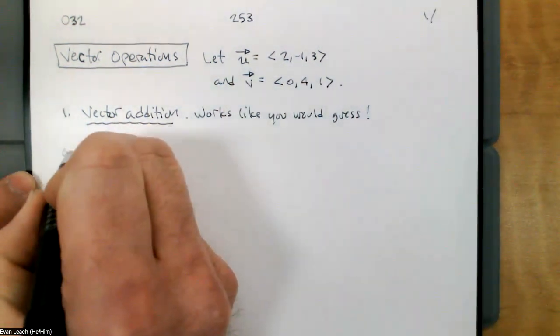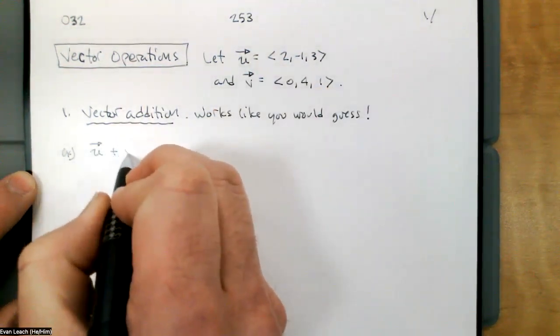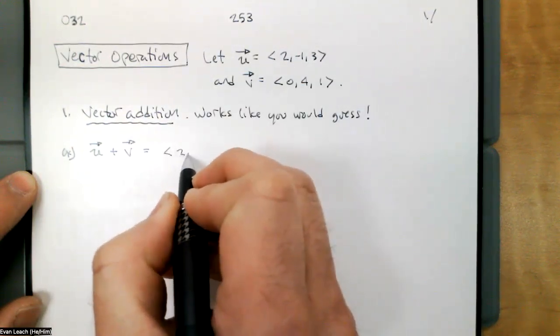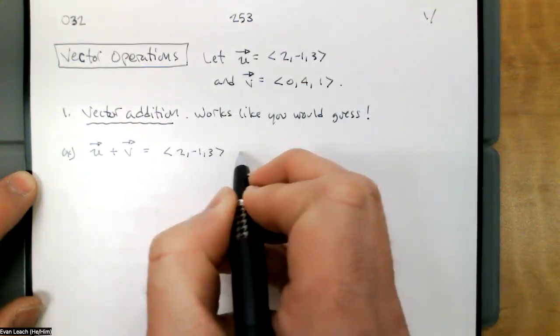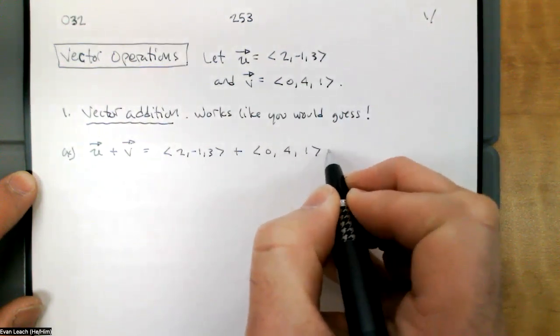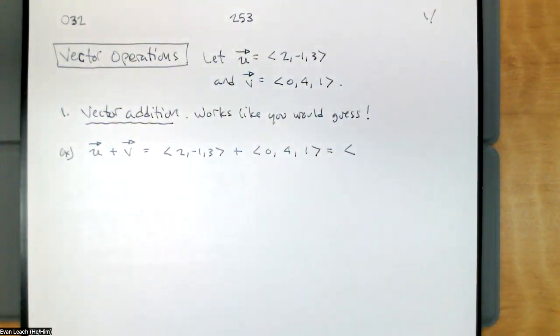So if, for example, I wanted to add u and v, first of all, I write it like we think we would write it. So take 2, -1, 3, plus 0, 4, 1. What's going to be our first entry in the u plus v? 2.